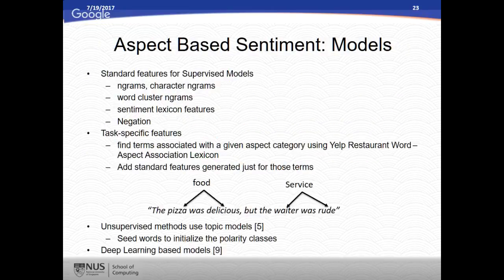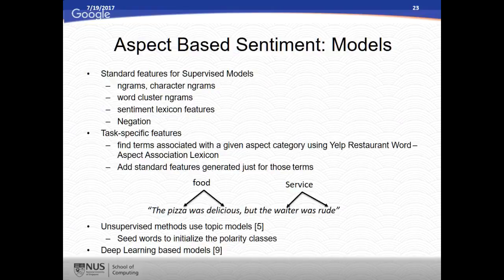So there are a couple of models to do aspect-based sentiment analysis. Some of them are supervised models, which use n-grams and character n-grams, and also some very task-specific features. For example, you can have some seed words, like the words that are generally used to describe food.